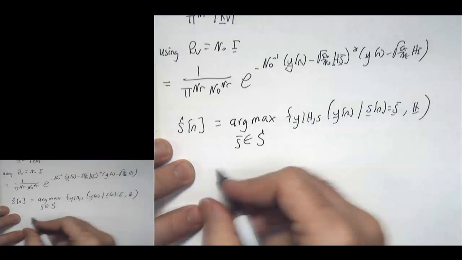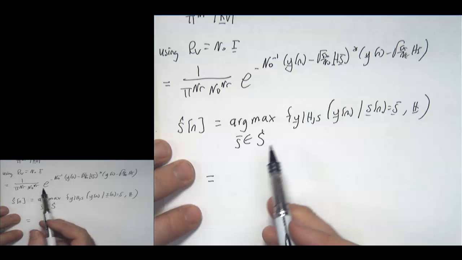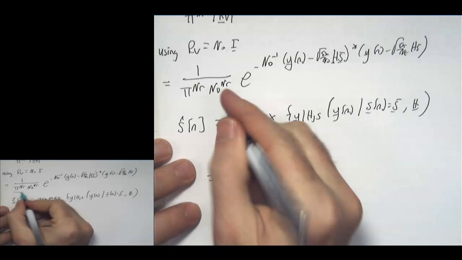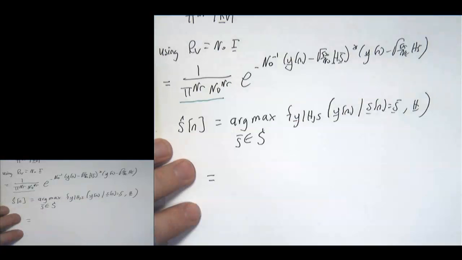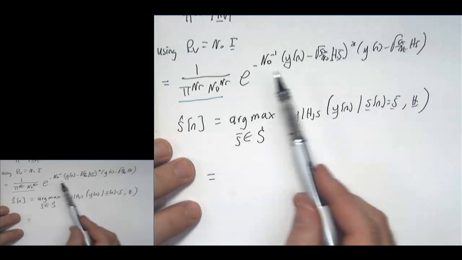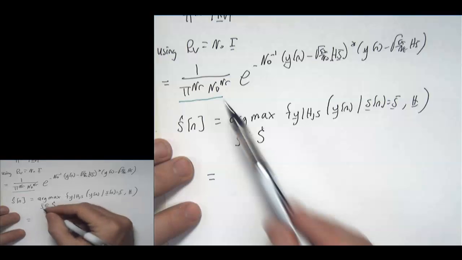Then using the same logic that we used before, we have these two things here: a constant and the exponential. I'm trying to find the maximizer of this function, and multiplication by a positive number doesn't change it.